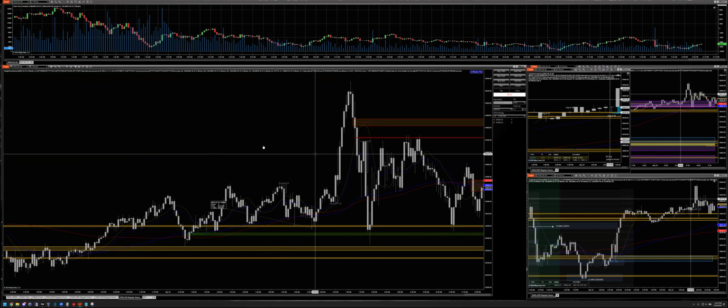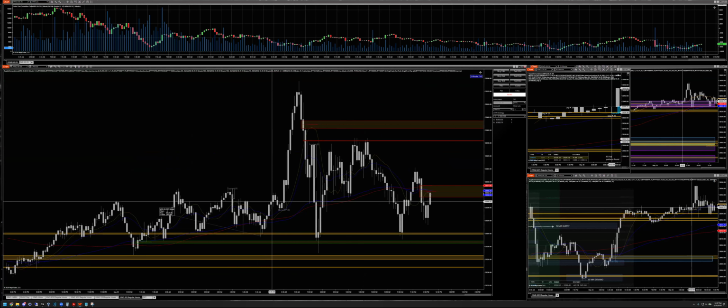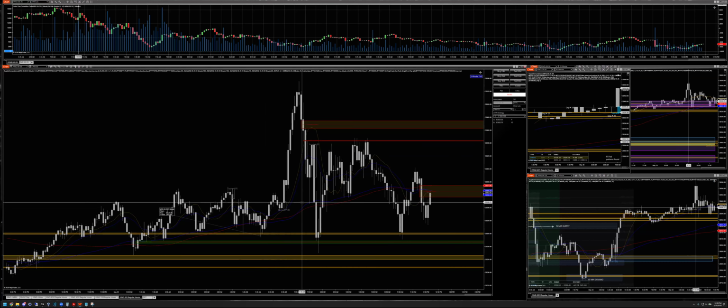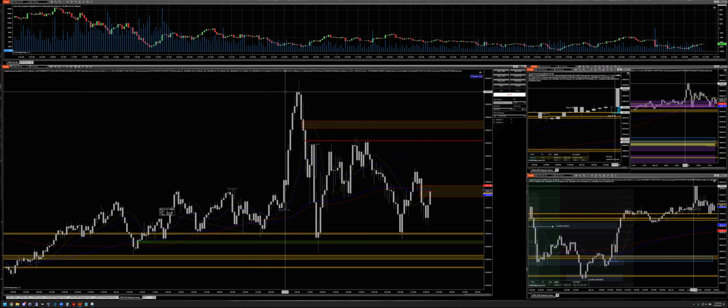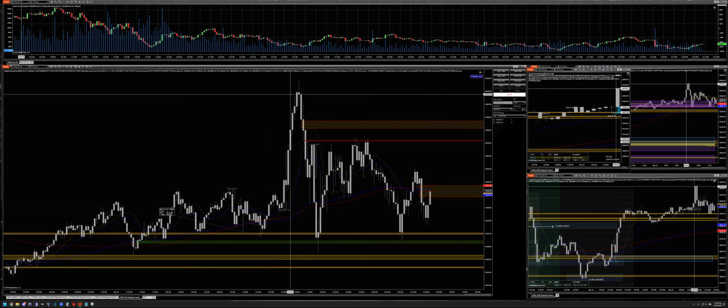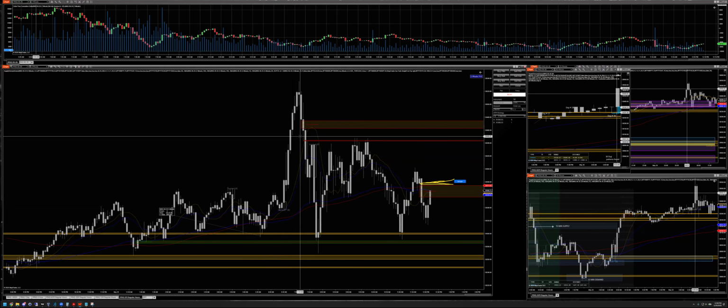When it was chopping around this morning, it came up and created this demand zone right here, and this was the buy up. It bought right up, but it came right back down to the demand zone, right to the tick. I was going to hold my sale all the way down, but with how erratic it was moving, I just got out right here, and it faded all the way down.